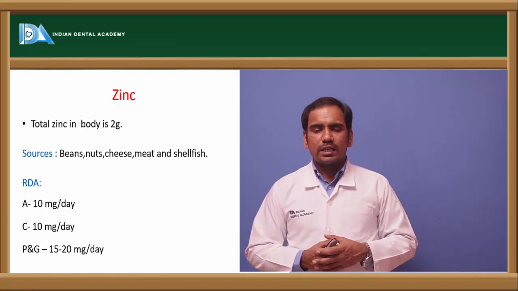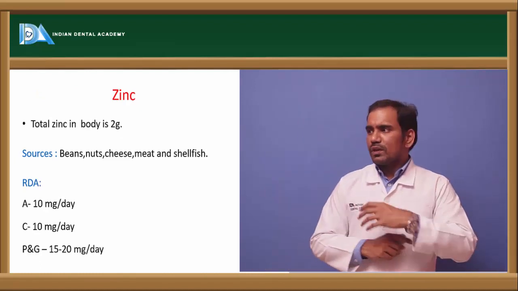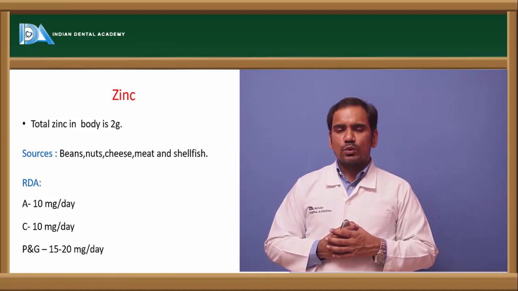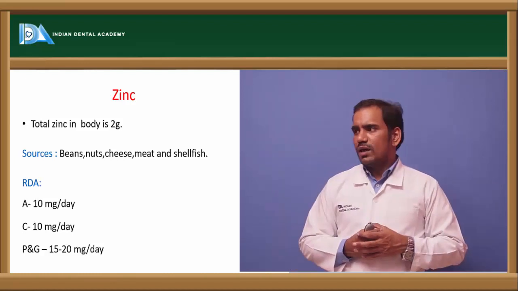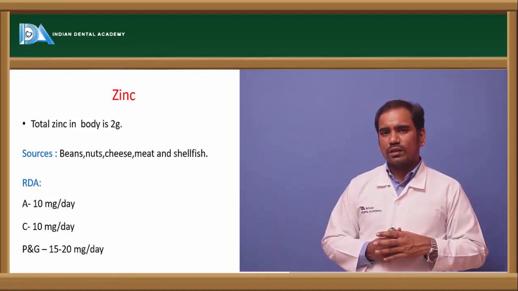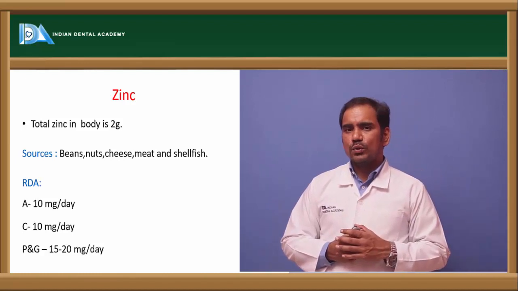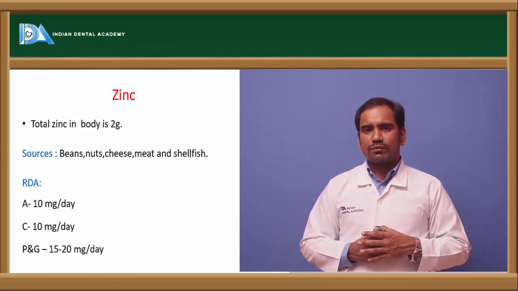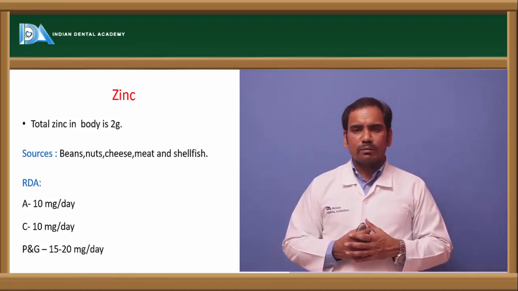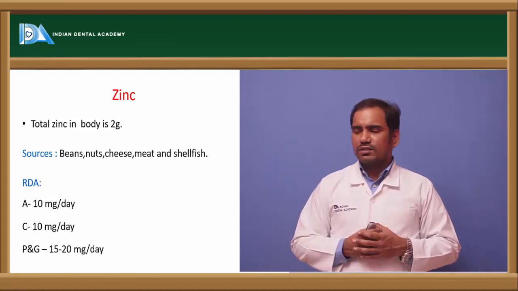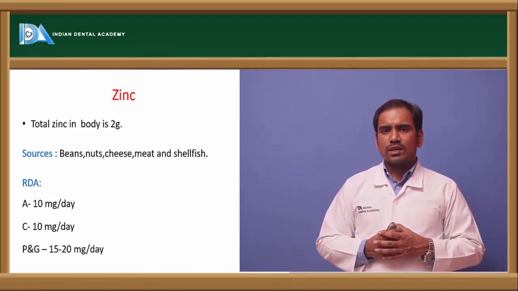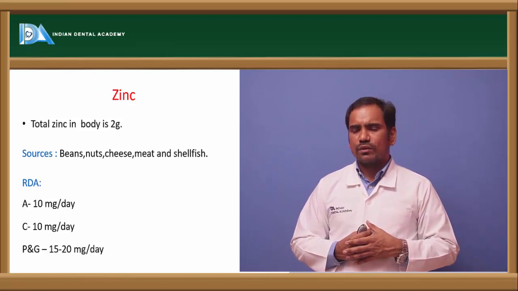Coming to zinc. Total zinc in the body is 2 grams, whereas total iron in the body is 3 to 5 grams. Sources of zinc are beans, nuts, cereals, cheese, shellfish, and eggs.